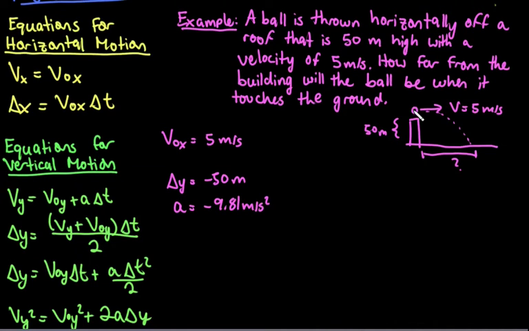And because this is horizontally launched, our initial velocity in the y, so v naught y, is going to be equal to 0. All of the velocity was put towards the horizontal motion, so there was no velocity that we started with in the y direction. So this is the information that we know. Now, we are looking for delta x.